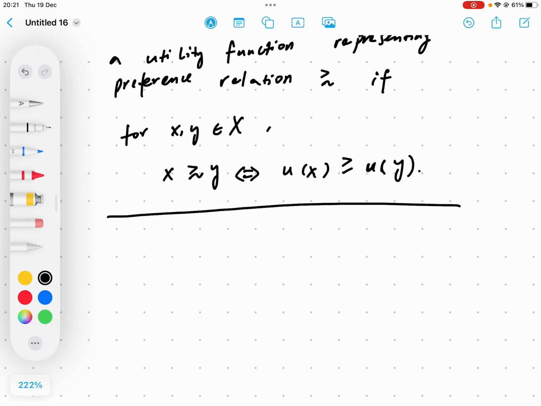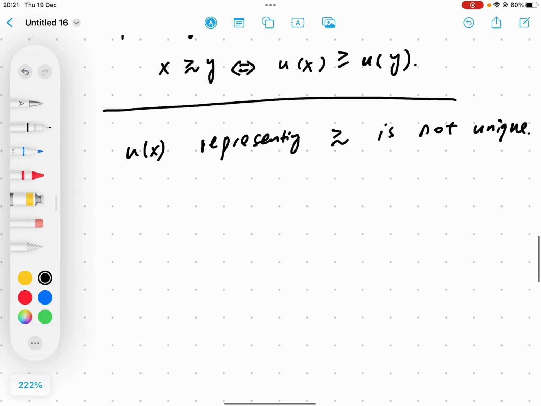Okay, so and some comments. This utility function representing some preference relation is not unique, as we just said, right?